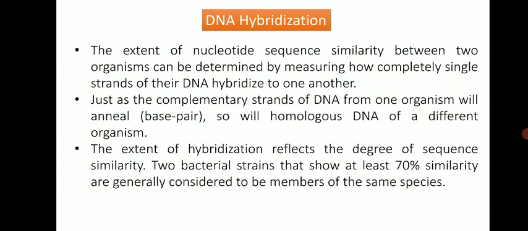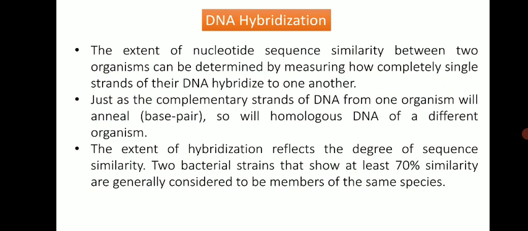Hybridization, as we have already discussed in a previous slide, is when two single stranded DNA molecules come together in proper environmental conditions, and if there is sequence similarity between the two strands, they can join to form hybrids. Hybrids can be formed between DNA and DNA, or between DNA and RNA.